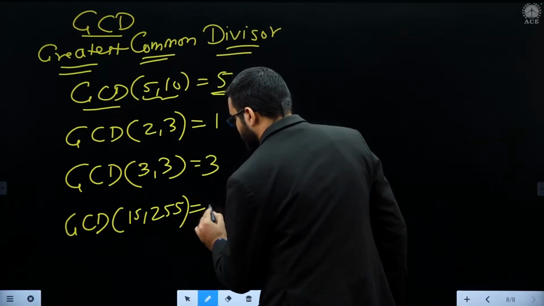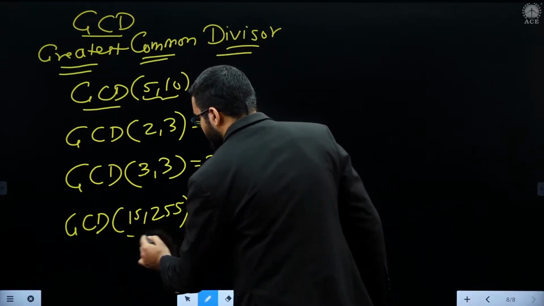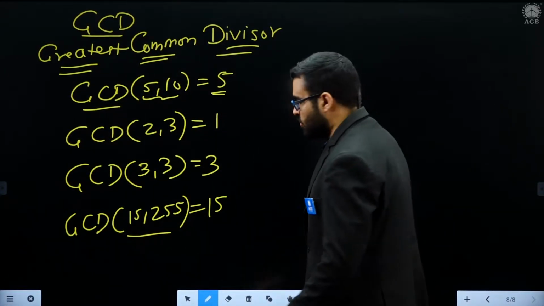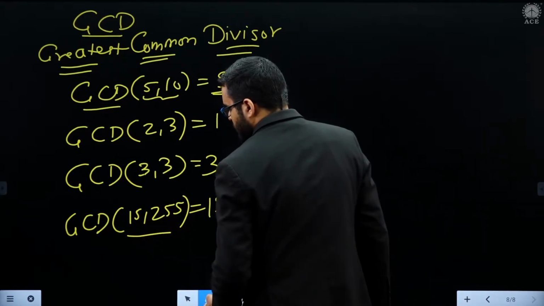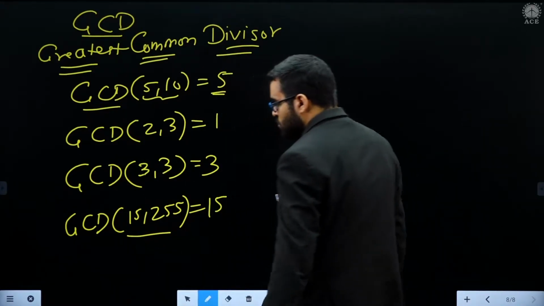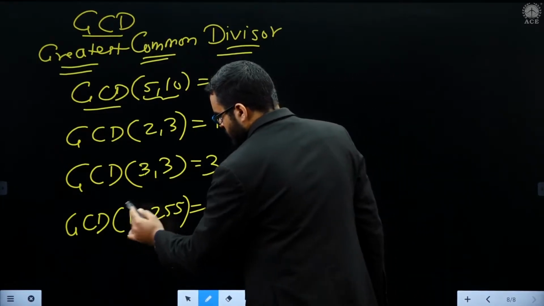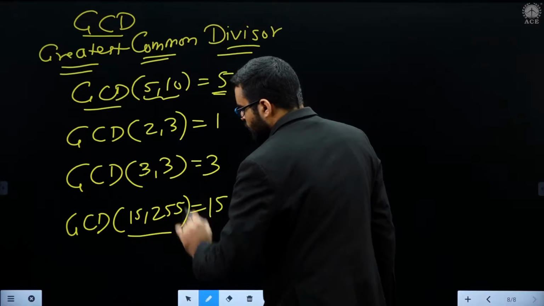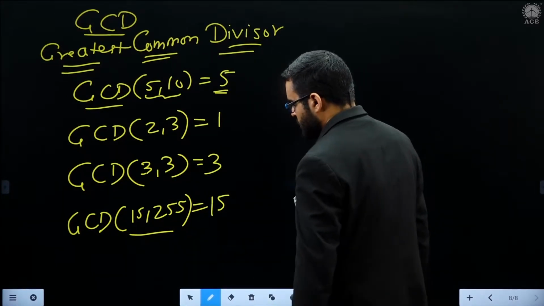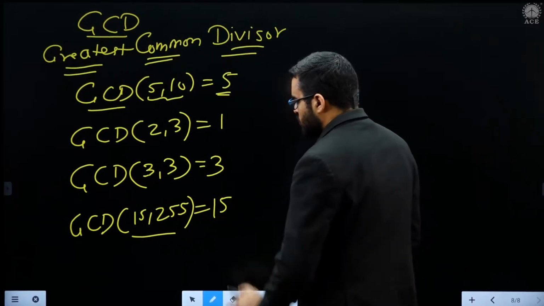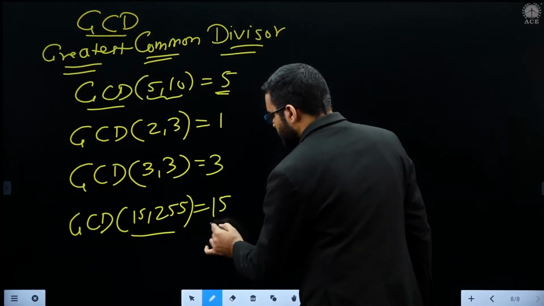And that is 15, because 15 divides 255. So the greatest common divisor of 15 and 255 is 15. Are you getting this point? So that is the reason the answer will be 15.